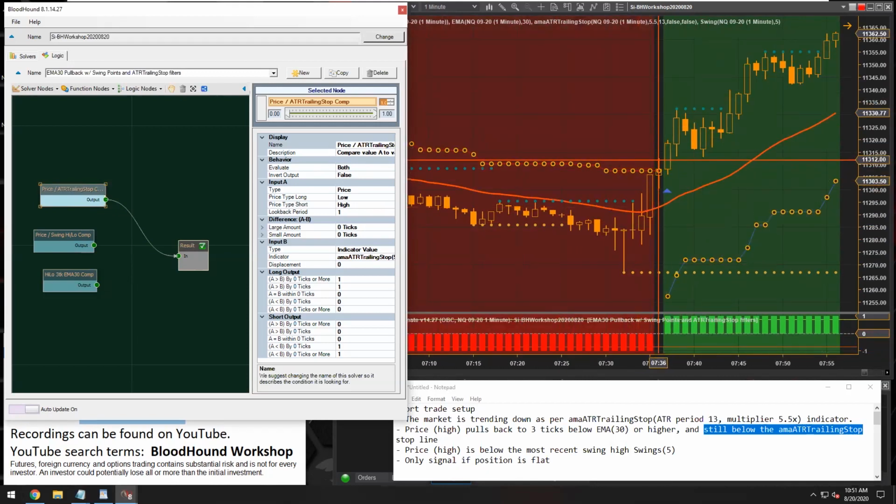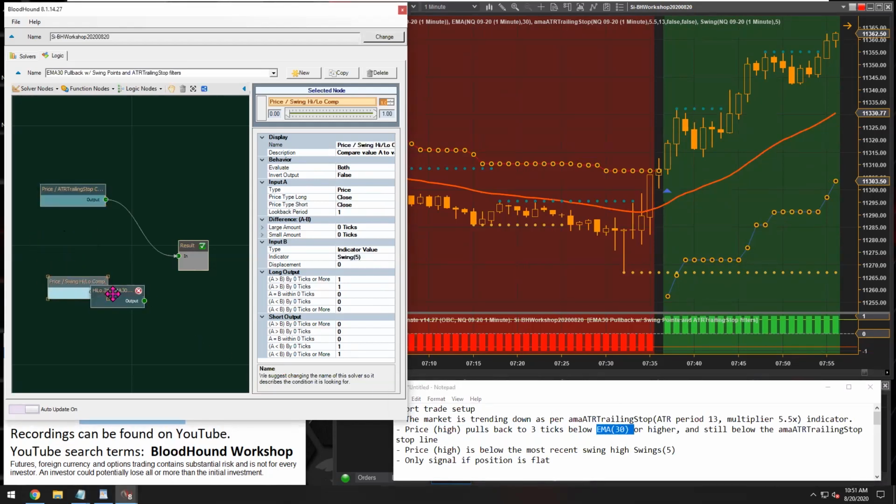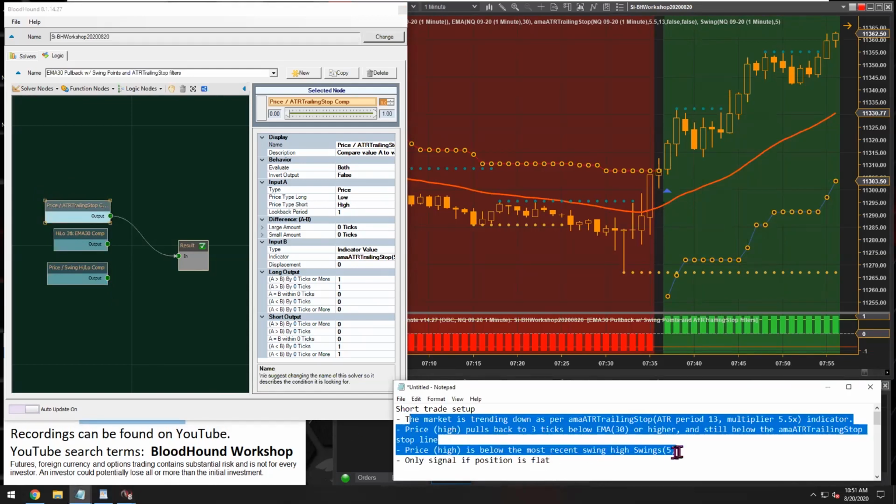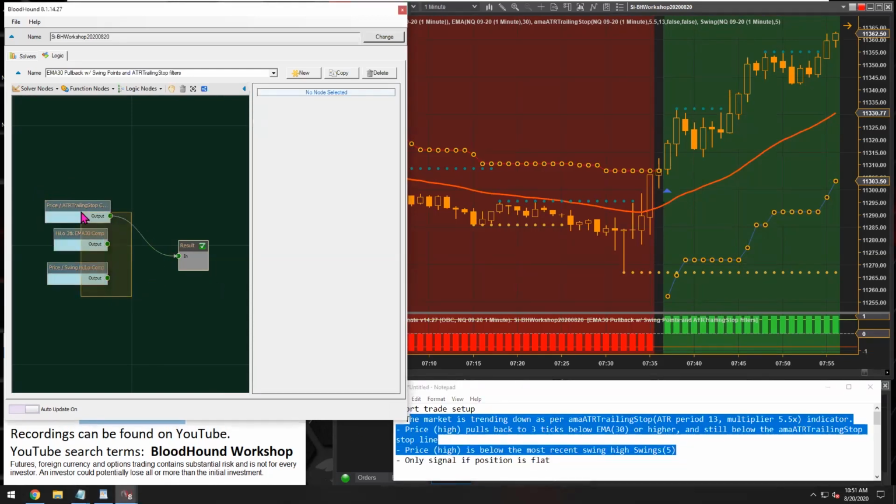There's that example I pointed out earlier, where if the high goes above the ATR trailing stop, then there's no output there. So we only needed to create a solver to compare the high to the EMA 30. All right, and let's switch these around like so. There we go. So we'll just put these in order of the instructions here, like so.